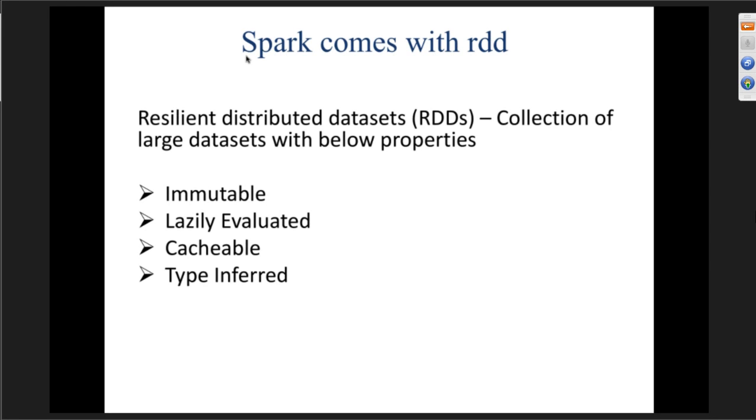All these are actions. I would talk more about transformations and actions after a little while. An action is something that you perform on top of your RDD, which might give you the count of records, or you select a few records, or you save your data set. All these come under actions.